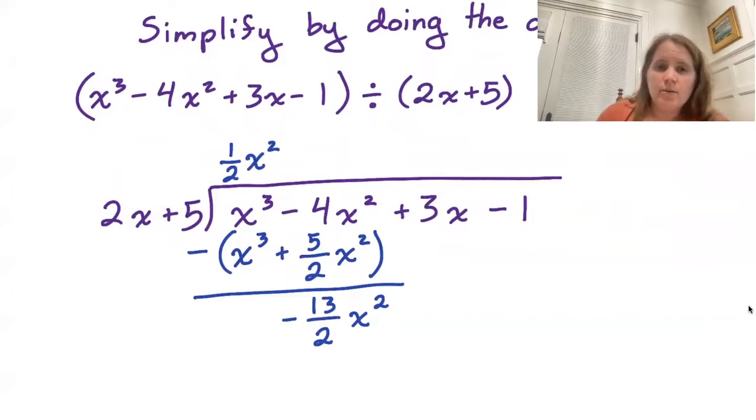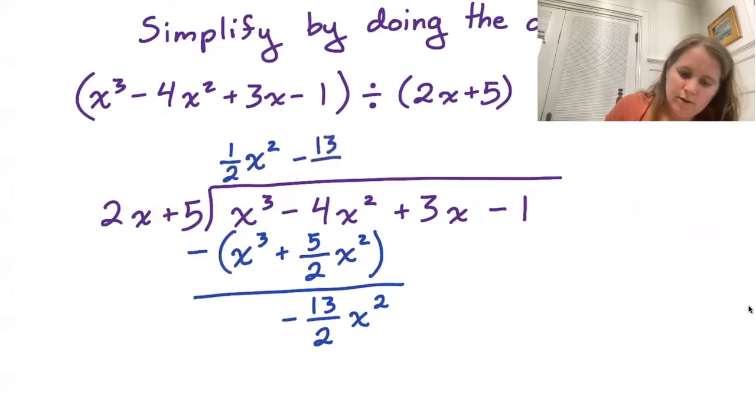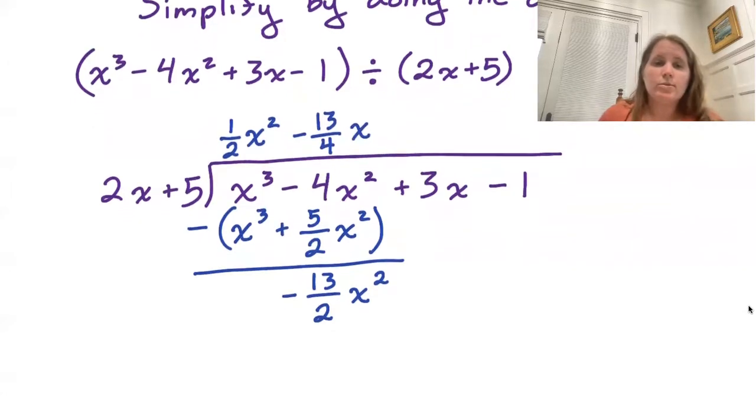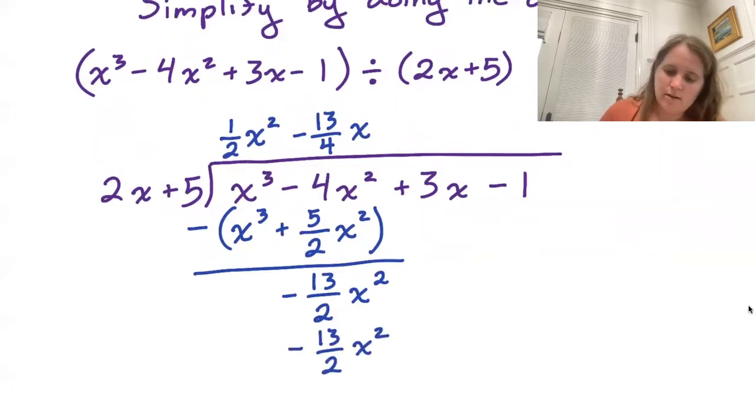From here, we want to know how negative 13/2 x squared divided by 2x. That will be negative 13/4 x. If we multiply these out, negative 13/4 x times 2x will be negative 13/2 x squared.